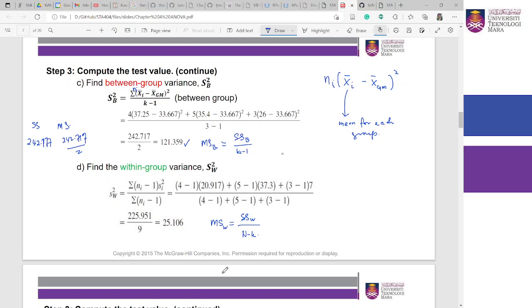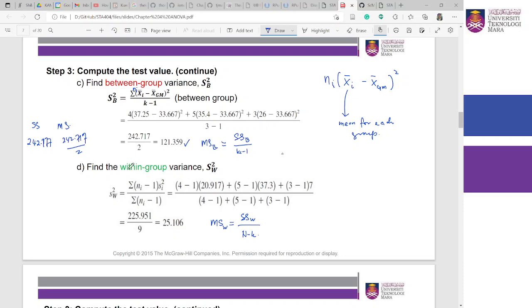Okay, so the degrees of freedom. So this is for the between group. So between group, you ambil dia punya nilai mean bagi setiap group, tolakkan dengan grand mean, kuasa 2 kan, and then darabkan dengan dia punya bilangan data. And you do this for all the 3 groups, and then sum them all together. Then you get the sum of square between. And then you divide by the degrees of freedom, so you get the mean square of the between.